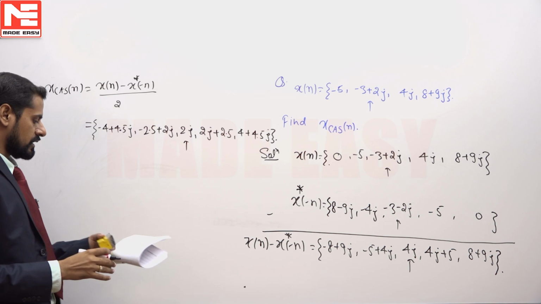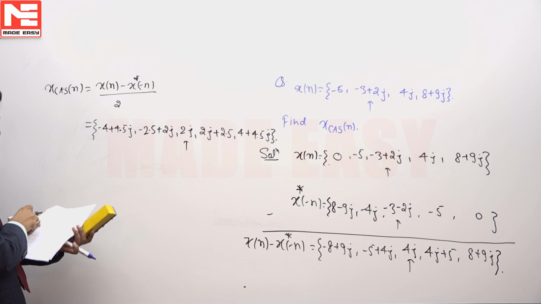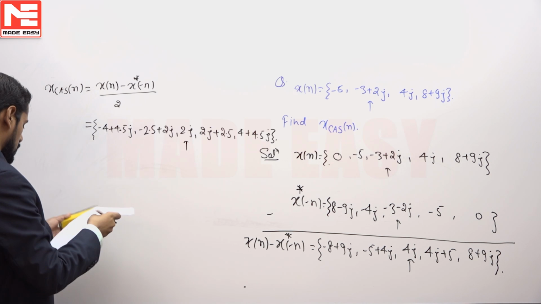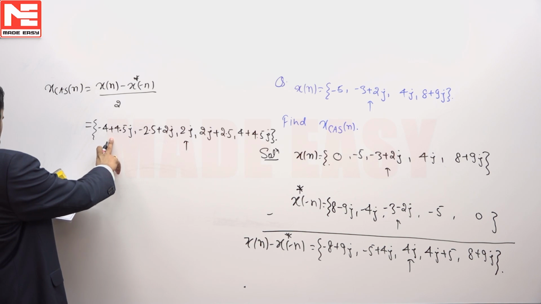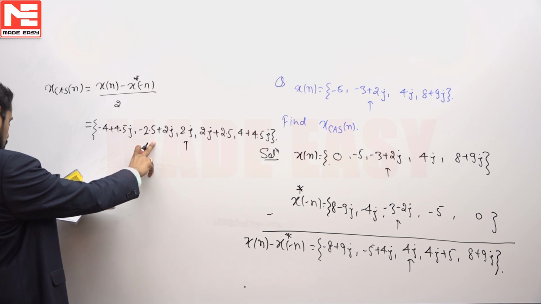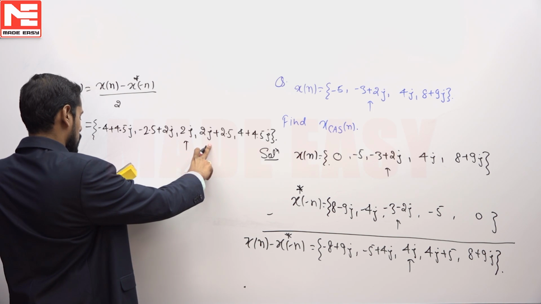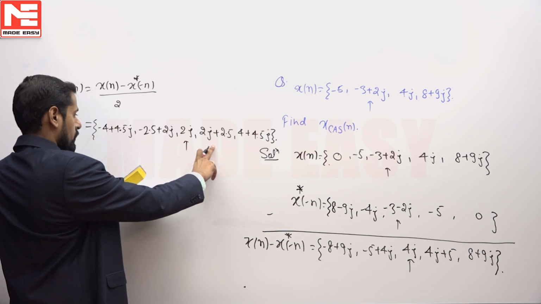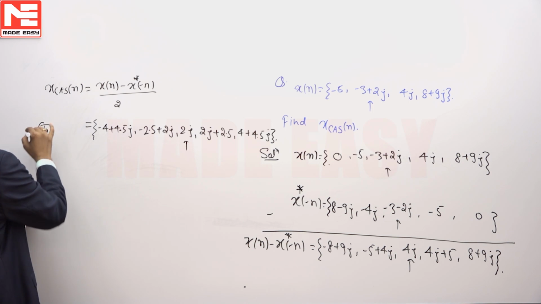So we have obtained the desired result. Now when we cross-check, option B satisfies this result: the first sample -4 plus 4.5j, then -2.5 plus 2j, 2j, 2j plus 2.5, and the last 4 plus 4.5j. So the answer will be option B.